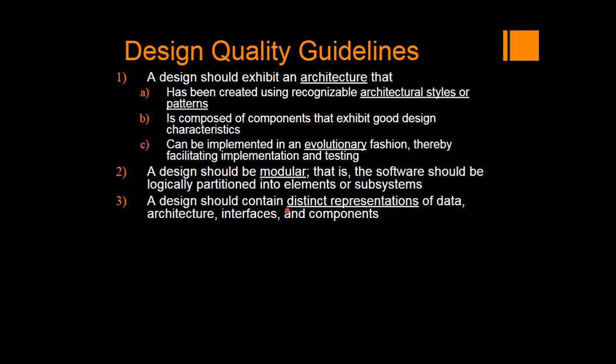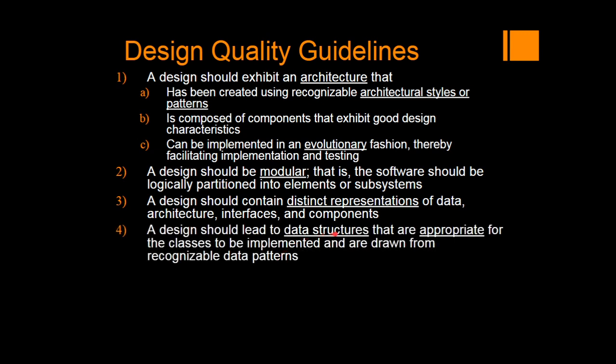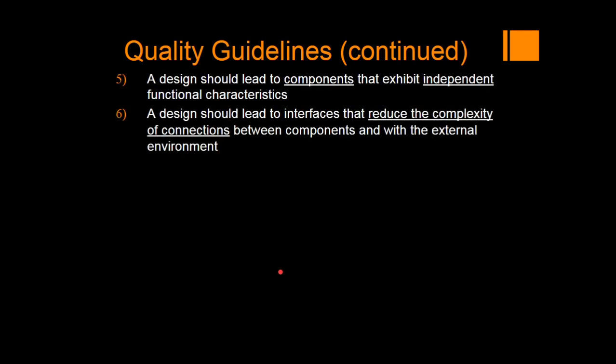A design should contain distinct representation of data, architecture, interfaces and components. The things are repeated again here. So we should have a proper representation of the data, architecture, interface and the components. A design should lead to data structures that are appropriate for the classes to be implemented and are drawn from the recognizable data patterns. A design should lead to components that exhibit independent functional characteristics.